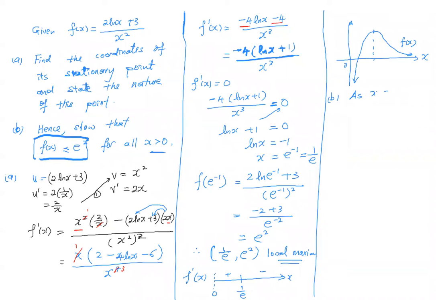x approaches infinity, I will say what happens to f(x). Okay, 2 ln x plus 3 will approach infinity also. But the infinity for x squared is much, much bigger, because it's x squared, infinity squared.